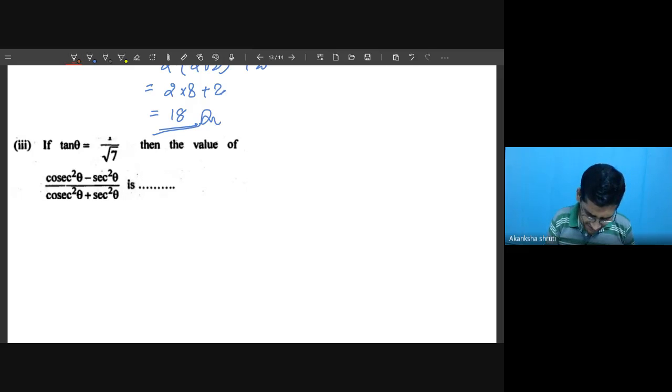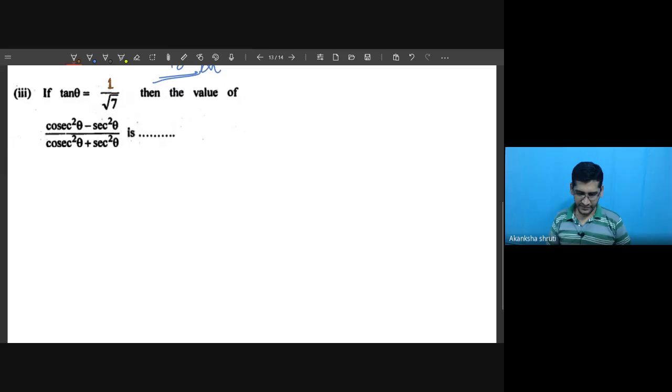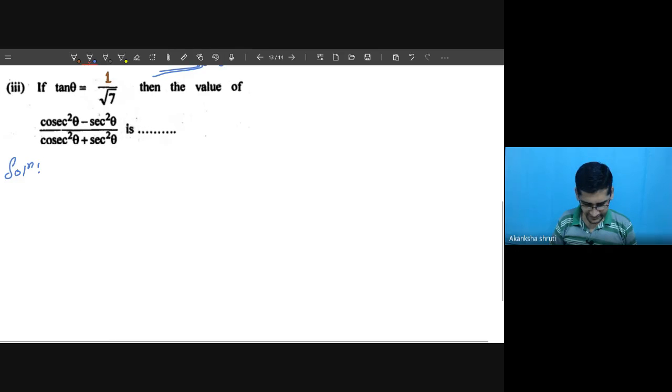Here you are given tan of theta equals 1 by root of 7, and then you have to calculate this value. Do it quickly. Students, whatever is given, we always start from that. We are given tan of theta equals 1 by under root of 7.